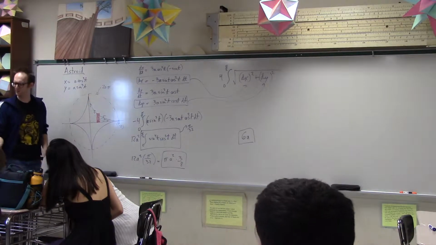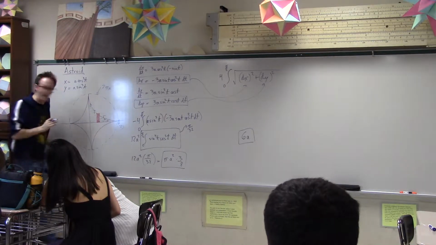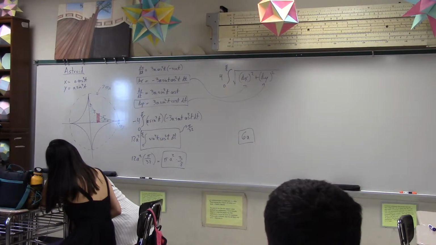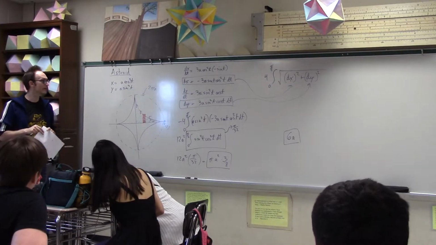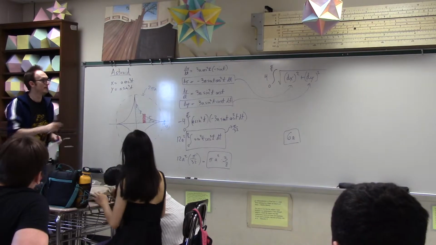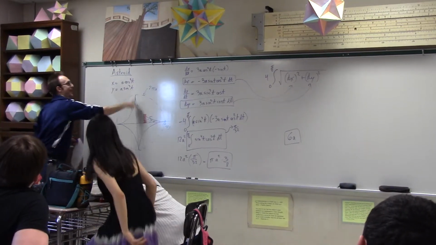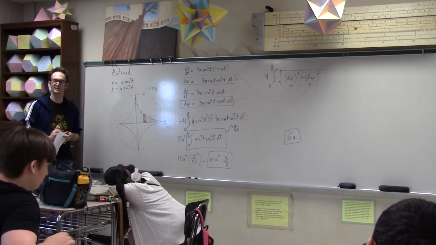In other words, pi is like 3.14, so the circumference of a circle is like 6.28 times the radius. So the length of this asteroid is a tiny bit less than the length of that circle of the same size. That's pretty whack.